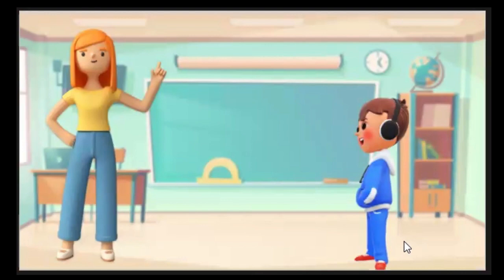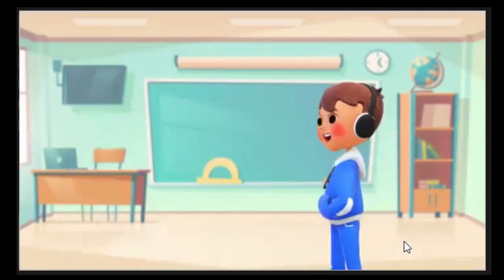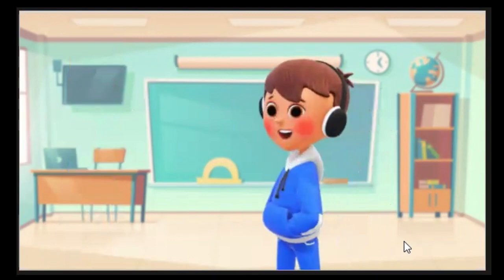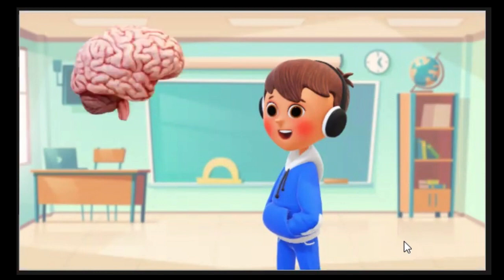So you go to a classroom and you see your teacher and you say, hi, good morning, teacher, right? So this decision... yeah. So decisions are made from the input from the brain, right?